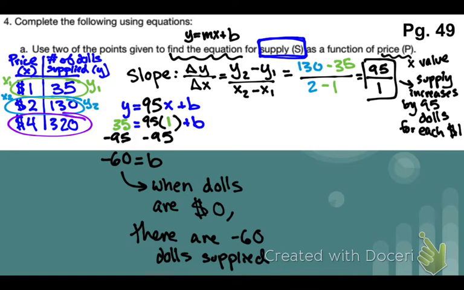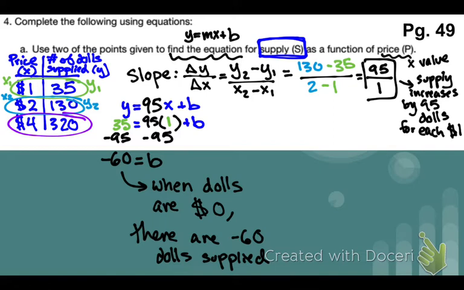So if I were selling a doll for $0, does that seem like a good deal for me? No, I don't want to sell anything for $0. I don't make any money. So that means my interest in having dolls, my supply, is going to be really low because that doesn't benefit me.